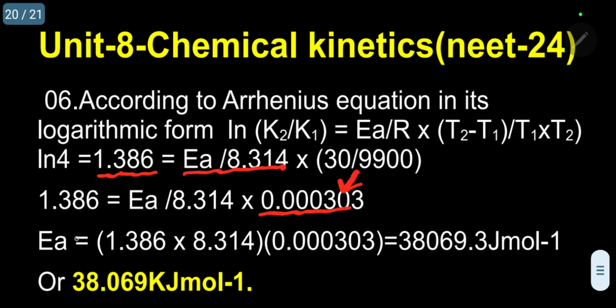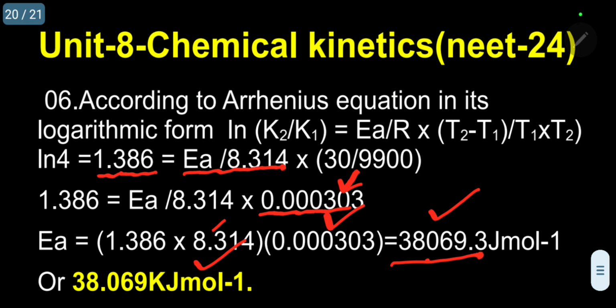Calculation. So 1.386 equal to EA by 8.314 into 0.00303. So EA equal to 1.386 into 8.314 divided by 0.00303. If you calculate, you will get this answer. This is the answer, originally in joule, 38069 joule.